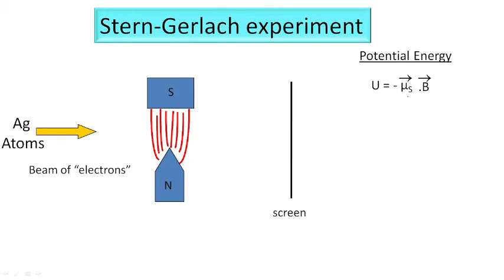If we consider that the magnetic field is acting in the z direction, with the north pole and the south pole as shown, and we take the component of the magnetic moment in the z direction, then the potential energy is equal to minus mu z dot B.